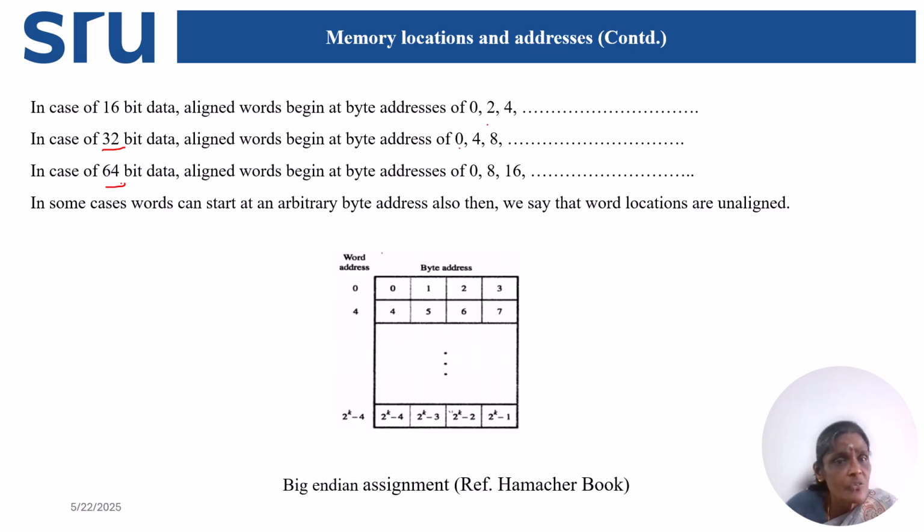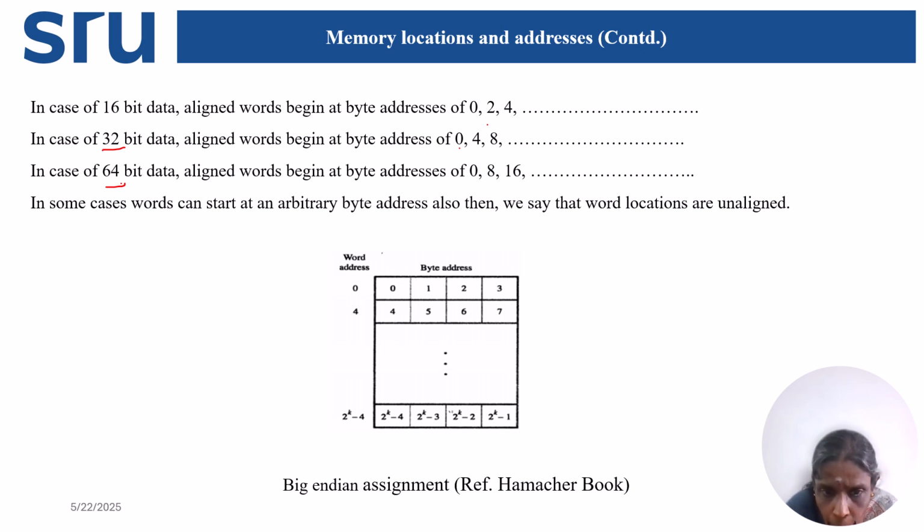In some cases, words can start at an arbitrary byte address also. Then we say that word locations are unaligned. Normally, there should be a uniform difference between two words. If it is not uniform, then it is called unaligned locations.